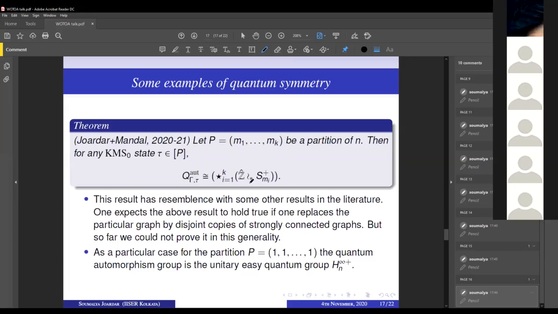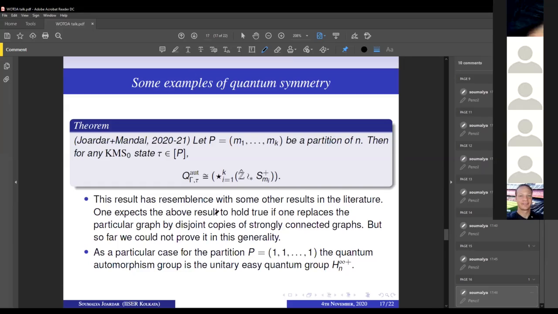This is a free product of Z with the free product of S_{M_i} plus, the quantum permutation groups on M_i symbols. Okay, and this has resemblance with some other results in the literature also, like for graphs. If you talk about only the quantum automorphism group of graphs, this result actually holds true.